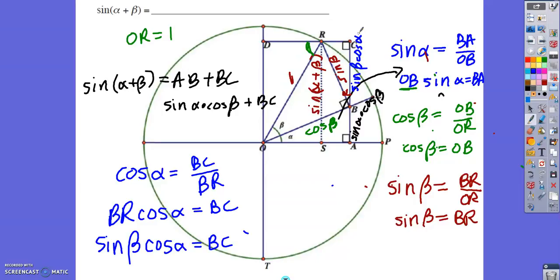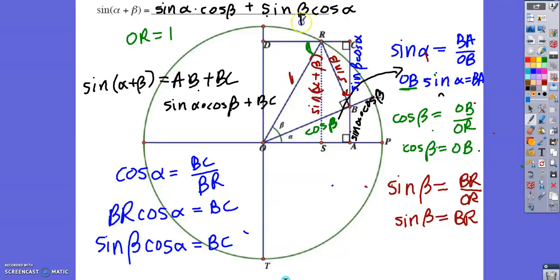And so what I can do is, remember we know right here that AB plus BC is sine of alpha plus beta. And we know BC, and we already had AB, we have the following statement. Sine of alpha plus beta equals sine alpha times cosine beta plus BC, which is sine beta times cosine alpha.